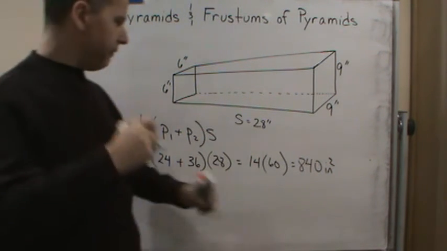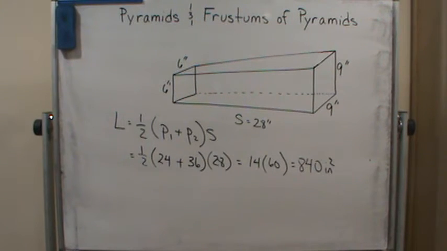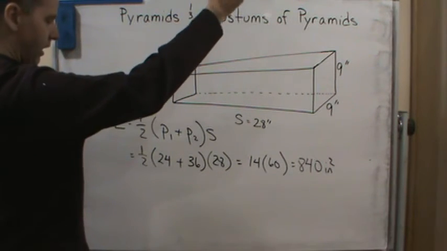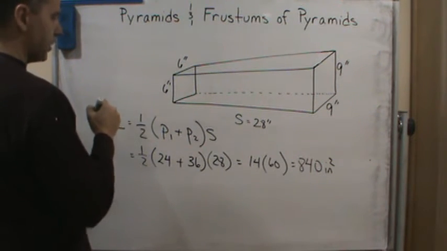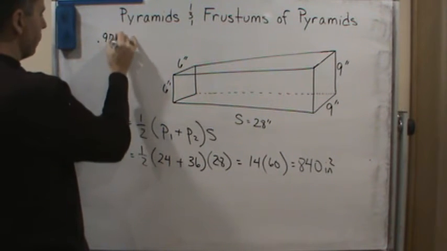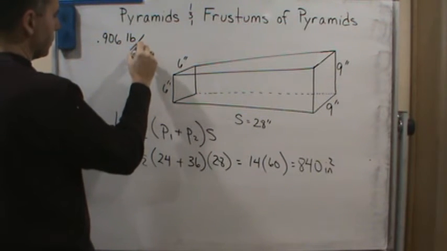Well, now that we have the lateral surface area, not total, but lateral surface area, now we're going to use the fact that the sheet metal has a density, or not density, but has a weight per square inch, which is going to be 0.906 pounds per square inch.